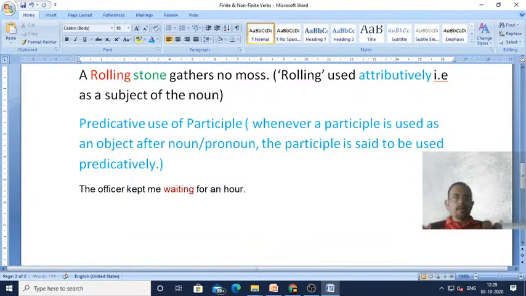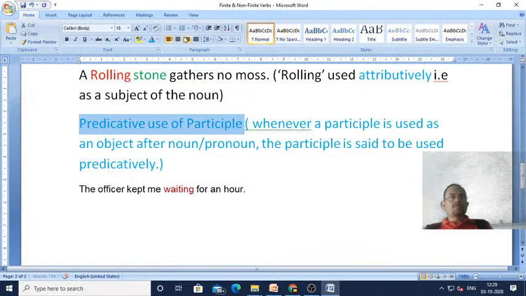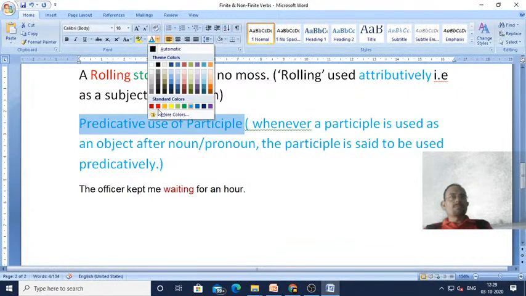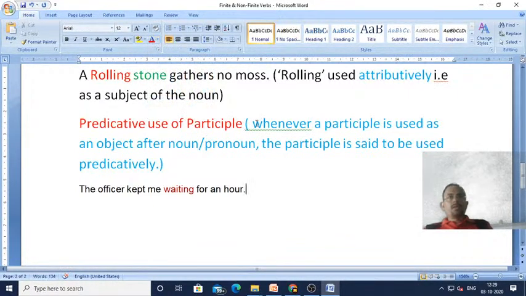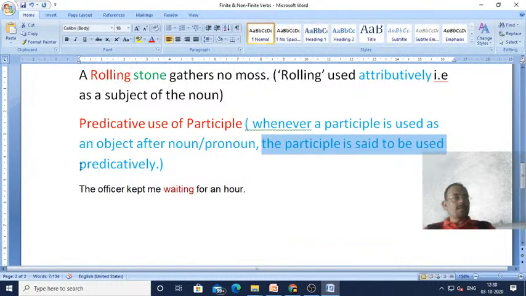I hope now you have understood. What is the predicative use of participle? Whenever a participle will be used as an object after a noun or pronoun, the participle is said to be used predicatively.